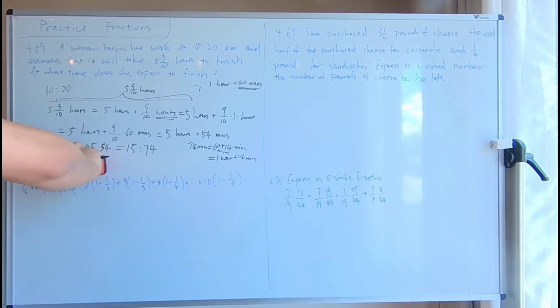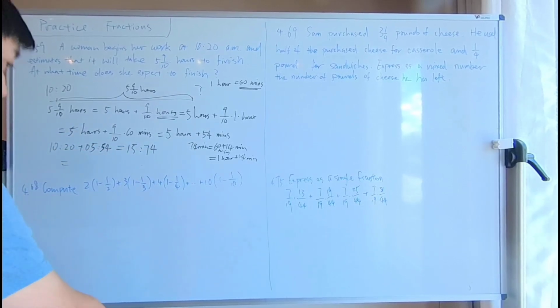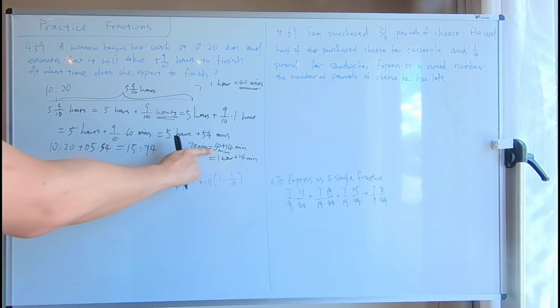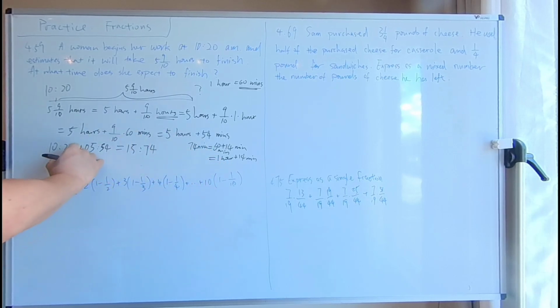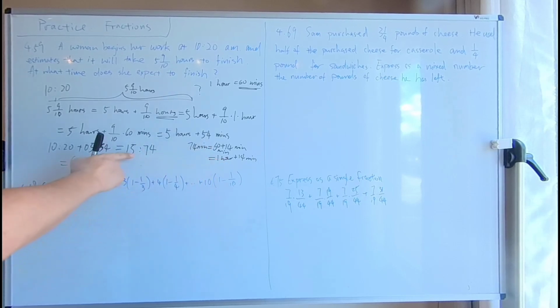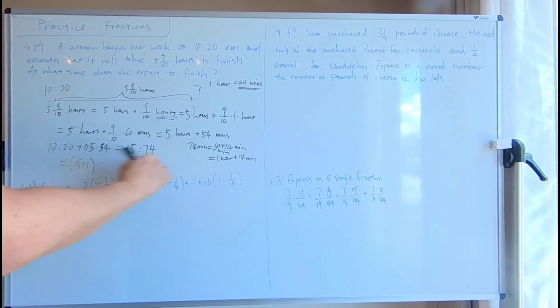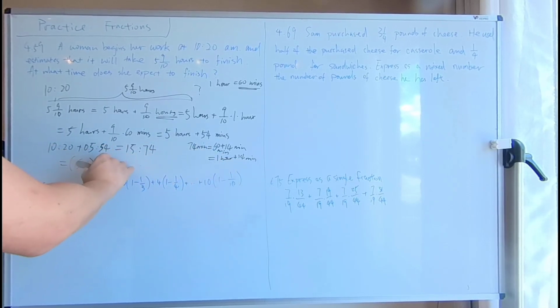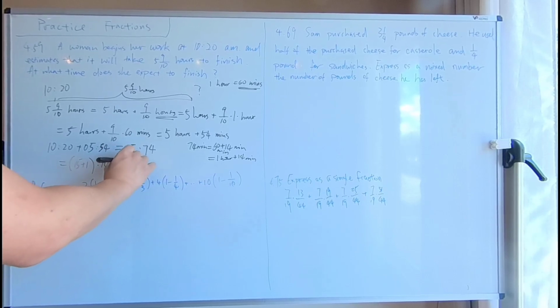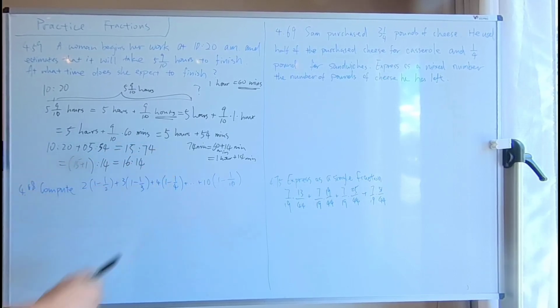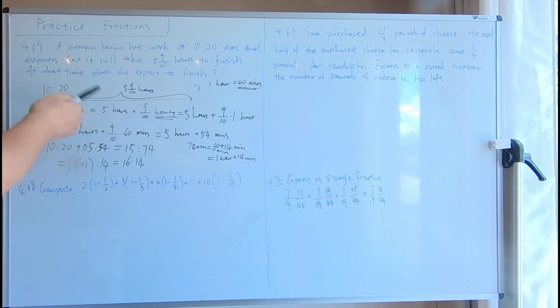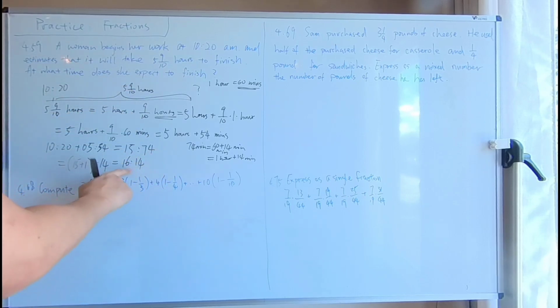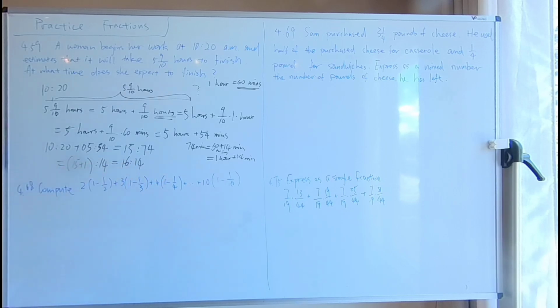I just want to demonstrate how the extra 60 minutes is added to the hour. So it should be 15 plus 1 hour, because the minutes become 14. So it's 16:14. That means this lady would expect her work to finish at 16:14, or 4:14 p.m. Right, so that's how you solve this question.